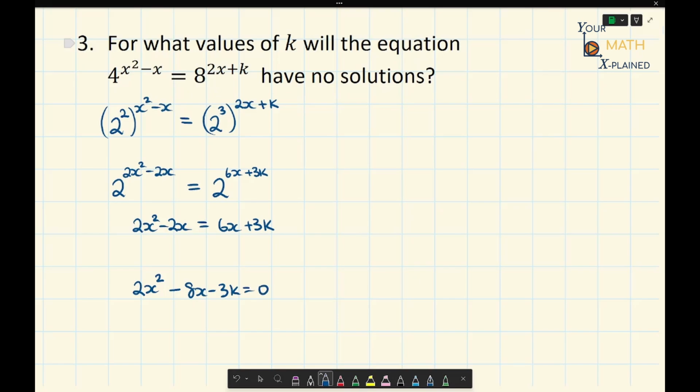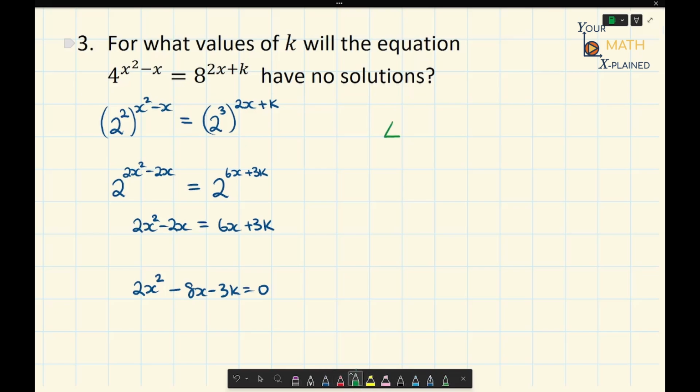So now recall, in order for this to have no solution, we need the discriminant to be a negative number. And the discriminant is the part that is under the square root in your quadratic formula. So let's go ahead and write that down first.